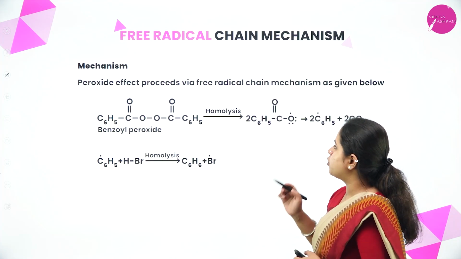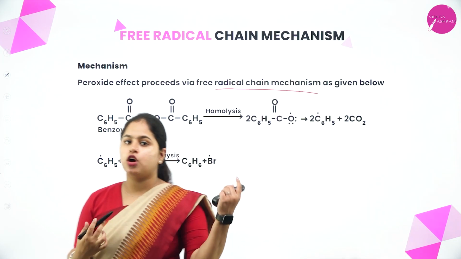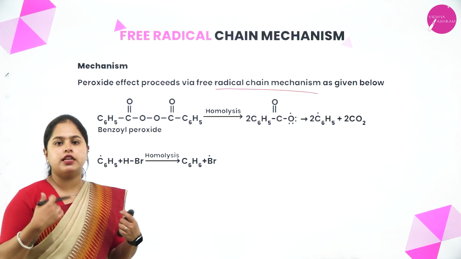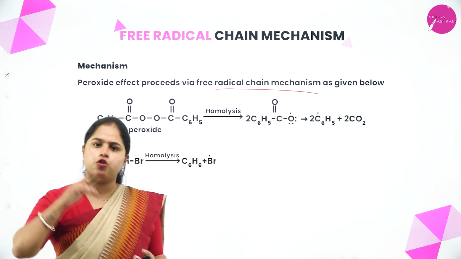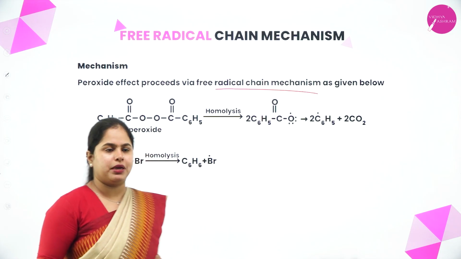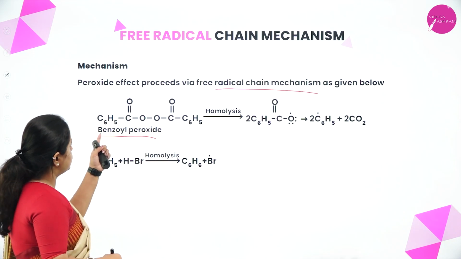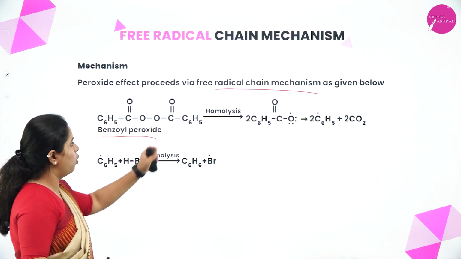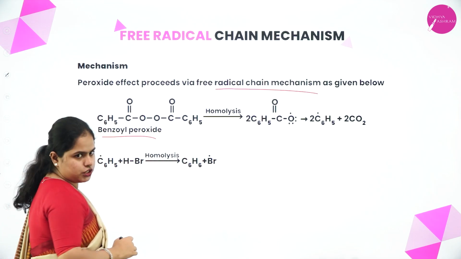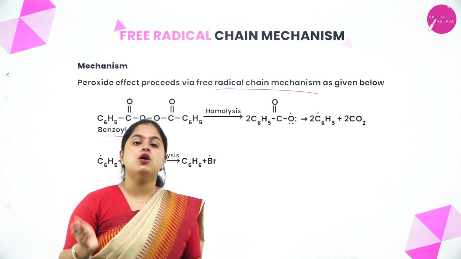The peroxide effect proceeds via a free radical chain mechanism. In the case of the Markovnikov rule, we studied the formation of a carbocation to which the nucleophile attaches. In this case, it is a free radical chain mechanism. Let's understand: this is benzoyl peroxide, C6H5, C double bond O, O, O, C double bond O, C6H5. Now homolysis takes place, which you have also studied in organic chemistry.